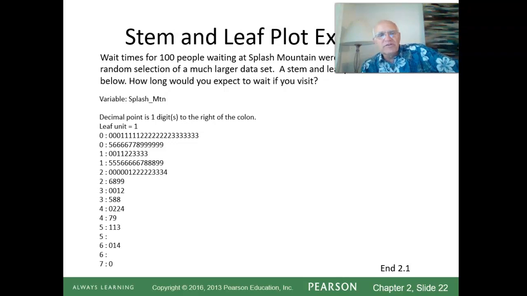You can start to see the shape, that there's maybe multiple modes, when there's not much of a line, and then you start to get bigger and bigger lines. I would hate to wait 70 minutes, right? But you've probably experienced something like that if you've been to Disneyland.